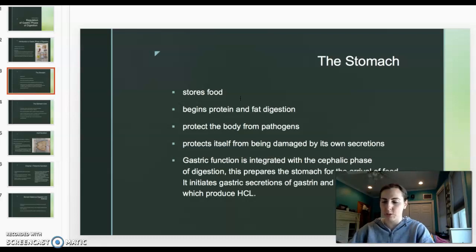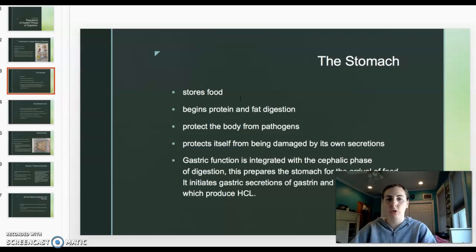Peristaltic waves are stimulated to push the food toward the pylorus, which mixes the food and the digestive enzymes together until a uniform consistency is created, because we can't have chunks of food traveling down the digestive system. We need a consistent, uniform mixture in order for the digestion to continue.